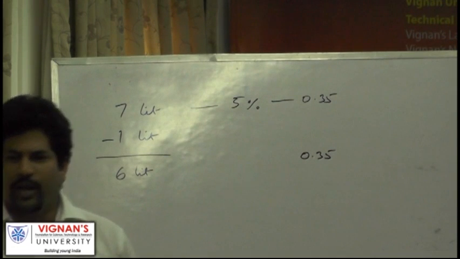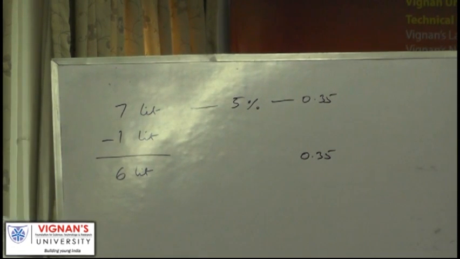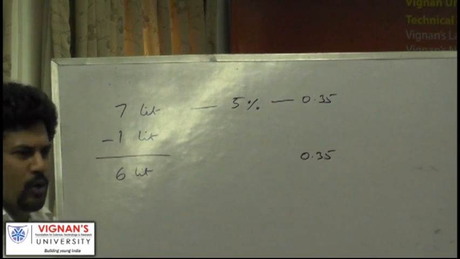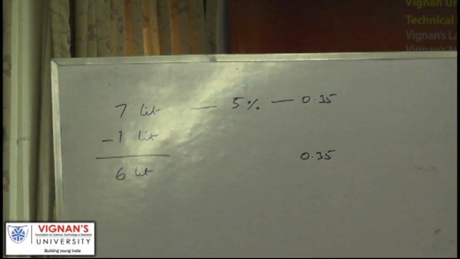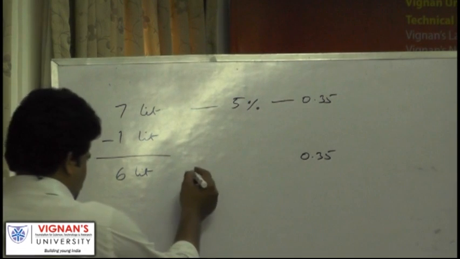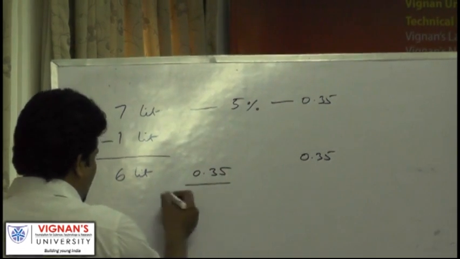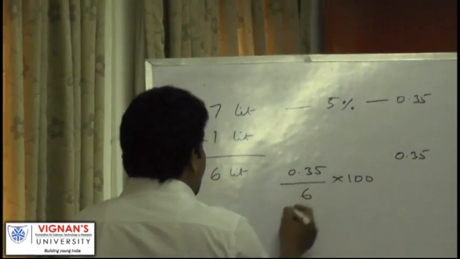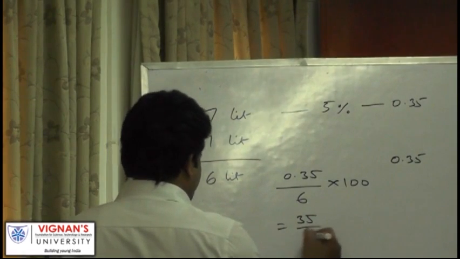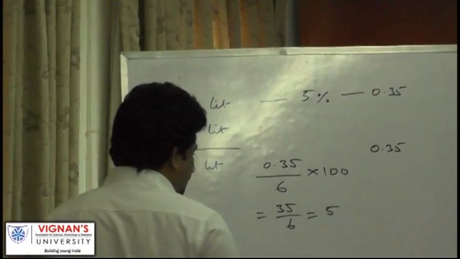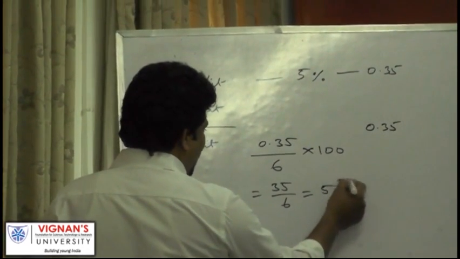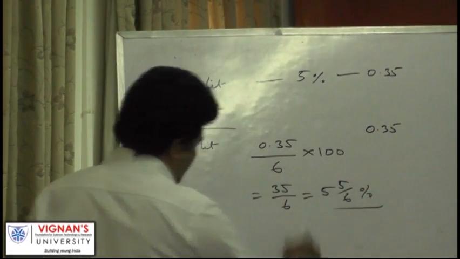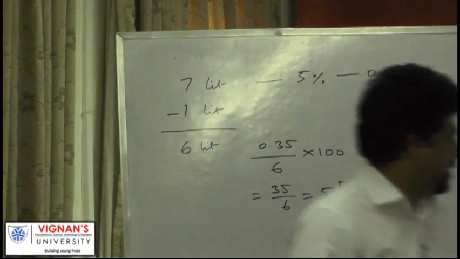Now how do you calculate percentage of sugar in the remaining solution? Quantity of sugar by total solution into 100. What is quantity of sugar? Total solution 6 into 100. So 35 by 6. 5 by 6%.